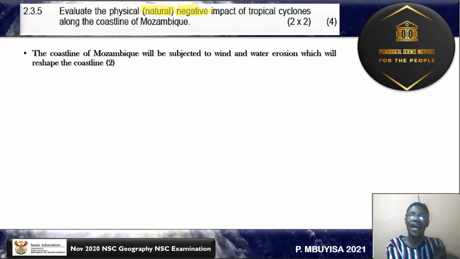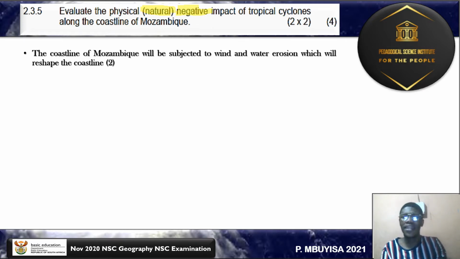The coastline of Mozambique will be subject to wind and water erosion, which will reshape the coastline. Remember that tropical cyclones are associated with extremely strong winds that extend to about 300 kilometers per hour.